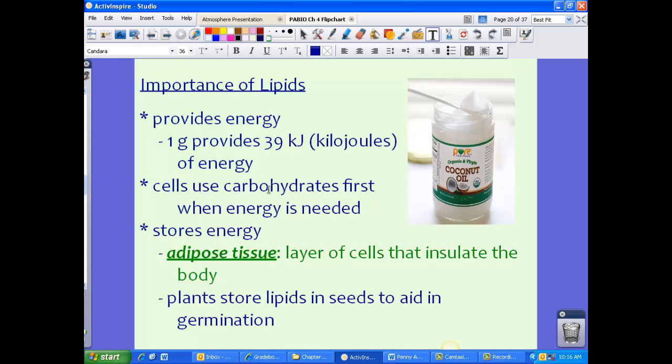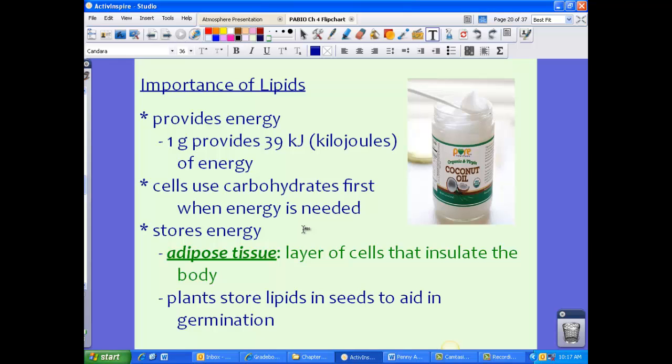Now cells will actually use carbohydrates first when energy is needed, which is questionable. You probably are asking, why do they do that? Well, it's just the way that the body works. Lipids are the things that will actually store more energy than they'll actually be used. Cells will use carbohydrates first because lipids, really their main job is to store the energy.